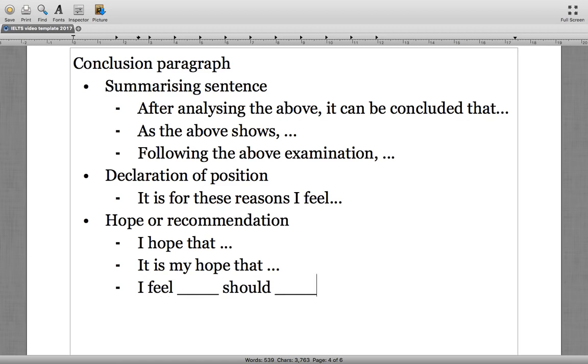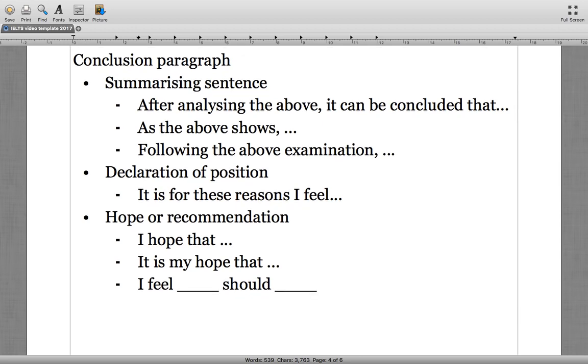So I feel, and then if the topic is, say, government funding of a certain kind of education, so I feel governments everywhere should, and then whatever. So I hope those suggestions are helpful. You'll need to tailor them to your specific essay. These phrases won't plug into every argument essay that you're faced with, but it's good just to have a repertoire of these sorts of phrases that you can pull from should you need them.